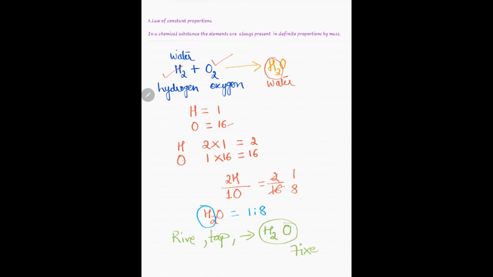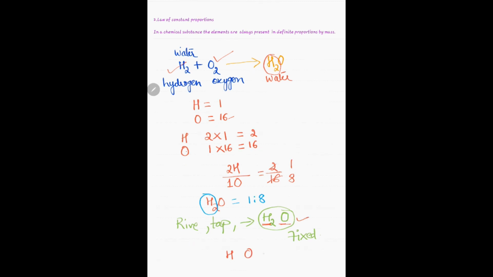Secondly, water from any source will always be made up of only hydrogen and oxygen. So the ratio is fixed, as well as the elements which form this water molecule. This is what we call the law of constant or definite proportion.